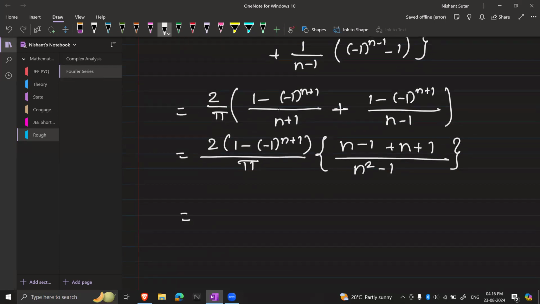So our final answer will be 2 by pi into n square minus 1 into, this minus 1 and this plus 1 get cancelled, so we remain with 2n into 1 minus minus 1 power n plus 1.